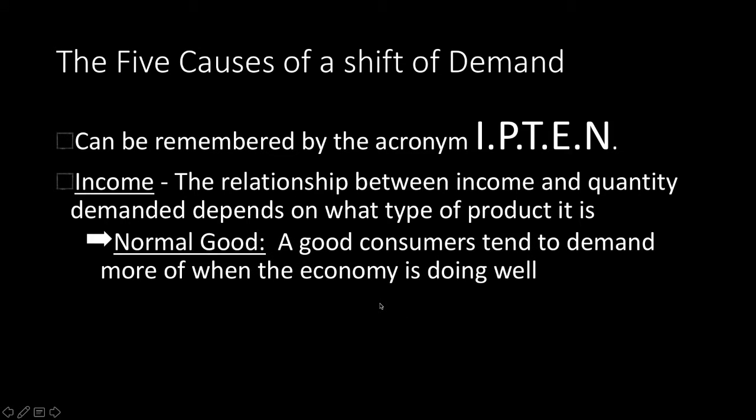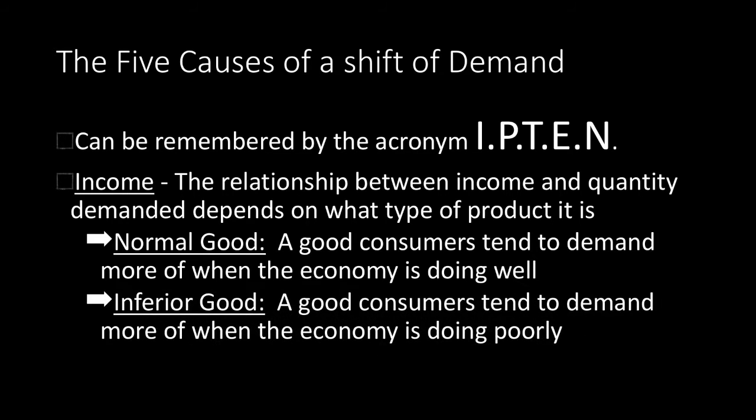The first is a normal good. That's a good consumers tend to demand more of when the economy is doing well. An example of a normal good might be a new car. The second is an inferior good. Inferior goods, consumers tend to buy more of when the economy is doing poorly. So demand for inferior goods increases when the economy turns sour, when the economy goes south.